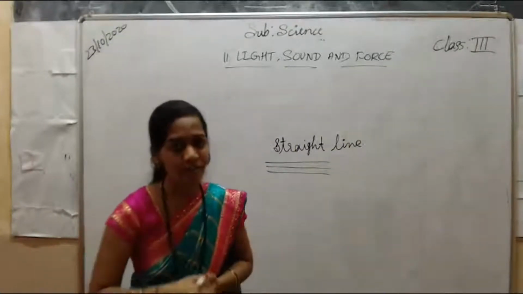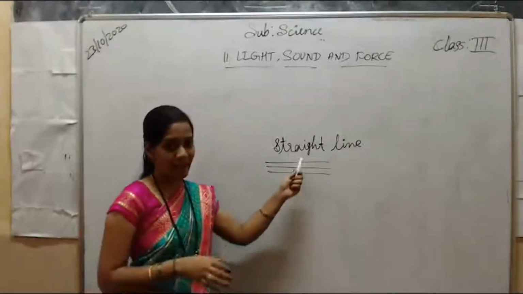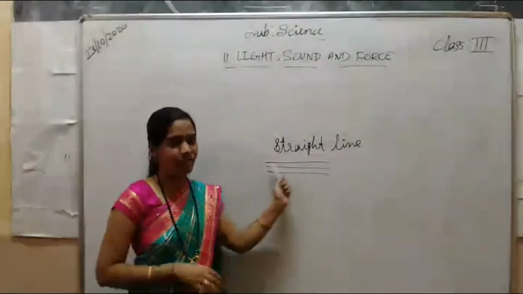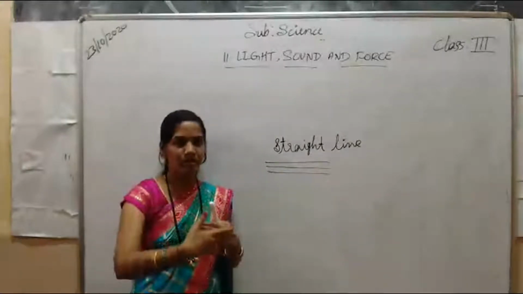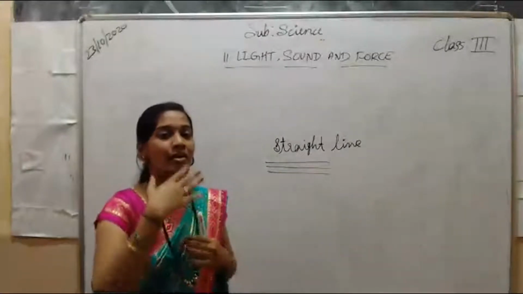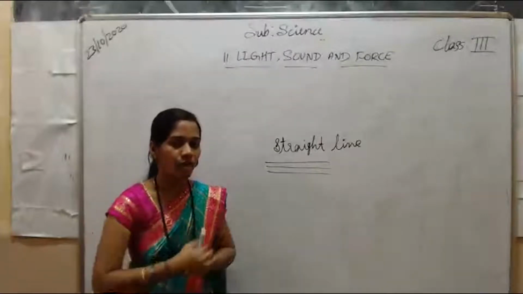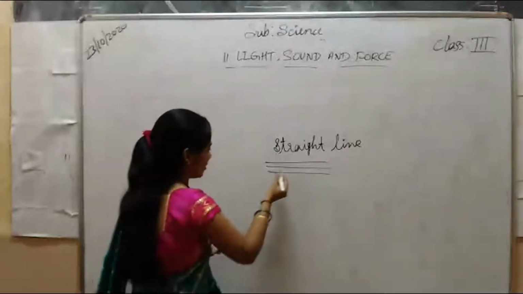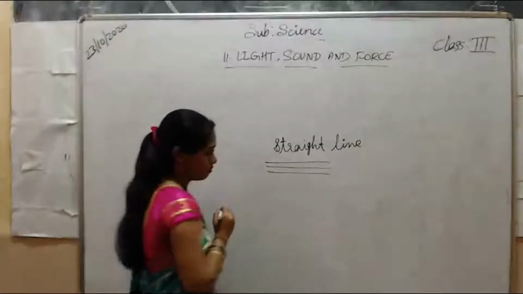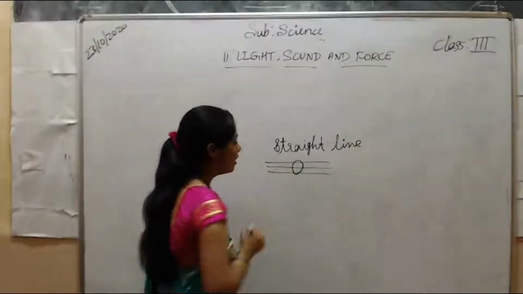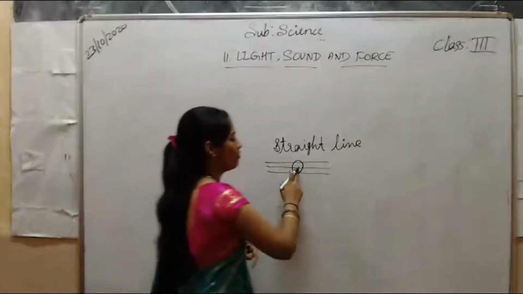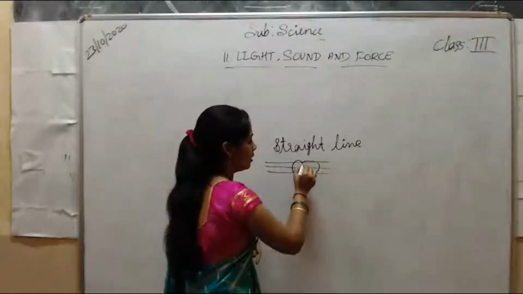So, if anything comes in between this line, means in the way of the light, then its shadow is formed. See, for example, if this is the light and any object comes in between, this object's shadow is formed here.